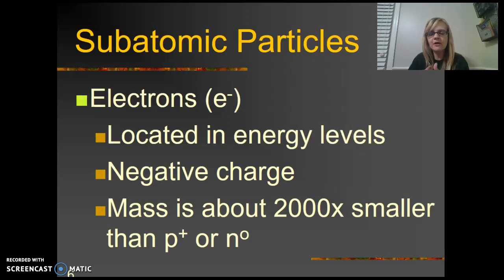So when we talk about adding up the mass of the entire atom, the mass that is contributed from the electron is so negligible that it will not appear in your significant figures. Therefore, we completely ignore it. So when we talk about the mass today, we're only talking about the mass of the nucleus, which is protons and neutrons.